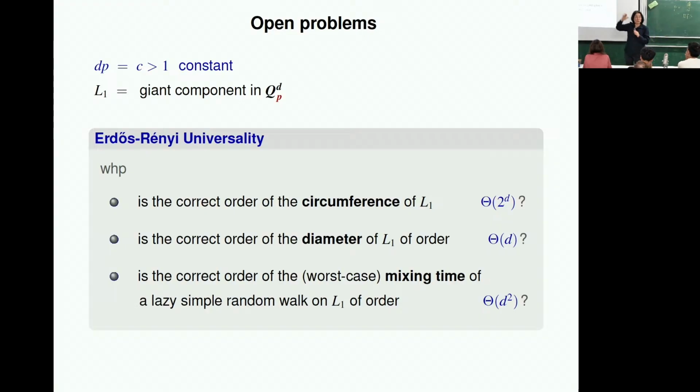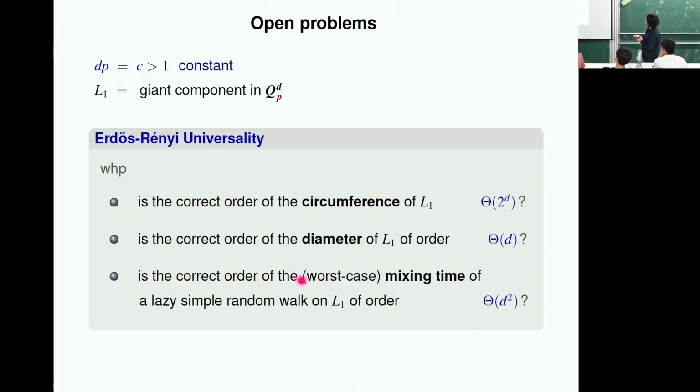Now we are talking about the whole range of supercriticality, not only right after the birth of the giant. What can we say about the correct order of the circumference? We believe that the order should be 2 to the d, but we had d squared over d squared times log d in the denominator as a lower bound.